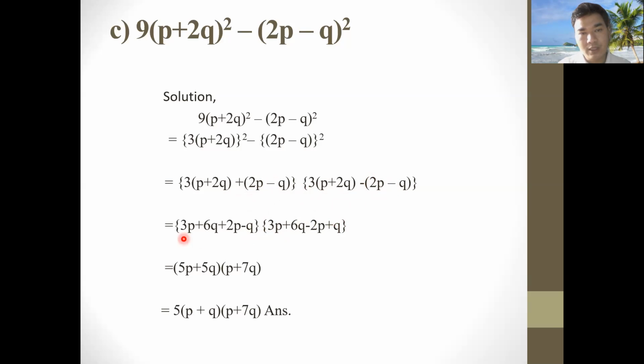Now, 3p plus 2p is 5p, 6q plus q is 7q. Here 3p minus 2p is p only, that's 1p, and 6q minus q is 5q. Here 5 is common, so you can take 5 common outside, then (p plus q) is left in the bracket and (7p plus q) in the other one. This is the solution of question C. I hope you have done this question nicely.